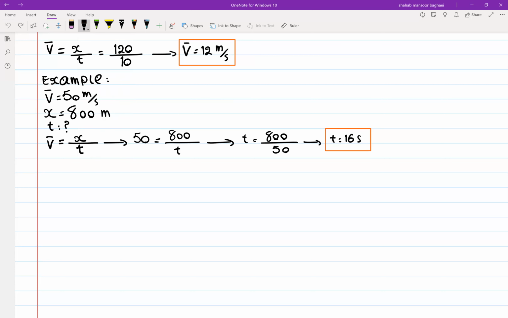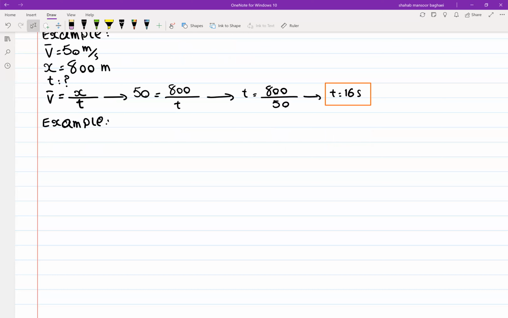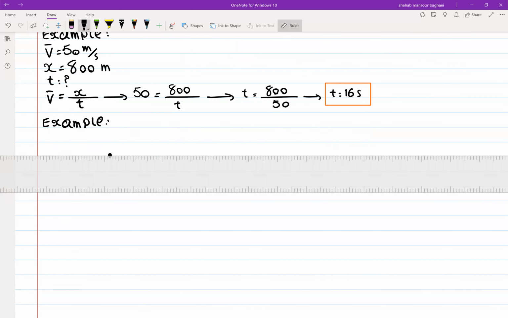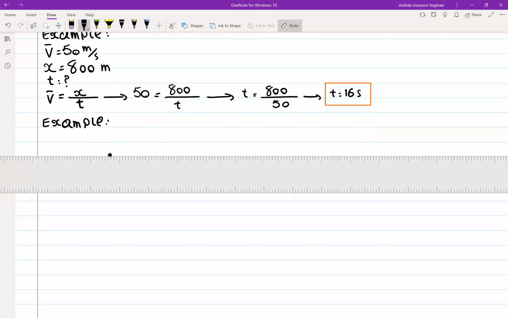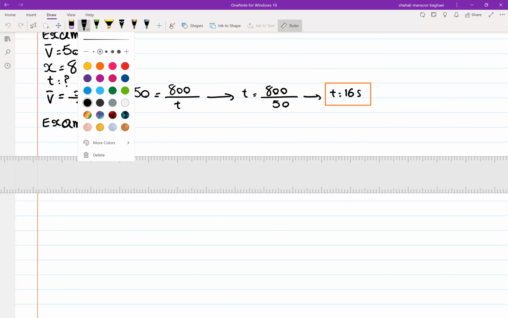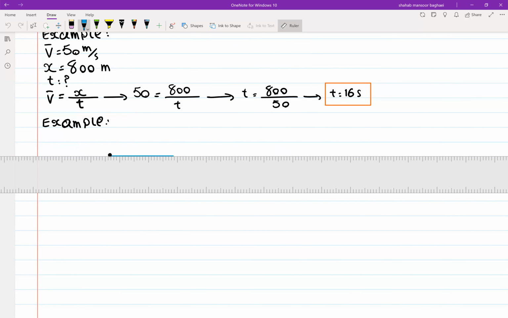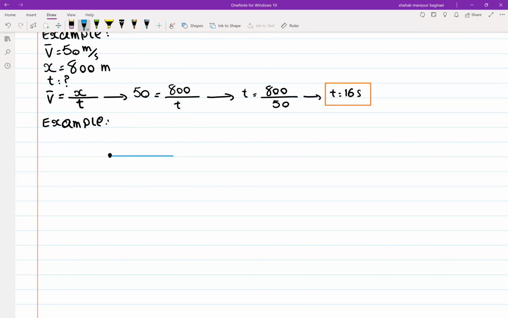Okay, next example. There is a particle here. It has 3 steps. In the first step, which is, for example, step number 1, from 0 seconds to 10 seconds.